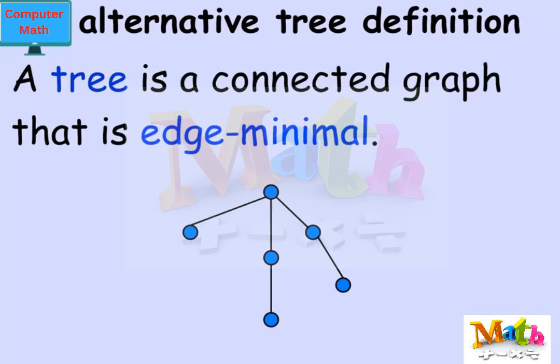That's kind of the reason why trees are so important, because if you're trying to figure out a way to get a whole bunch of vertices connected, a tree is going to have the minimum number of edges that are sufficient to get them all connected.